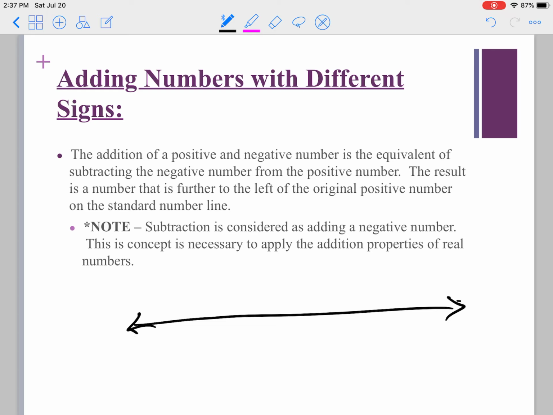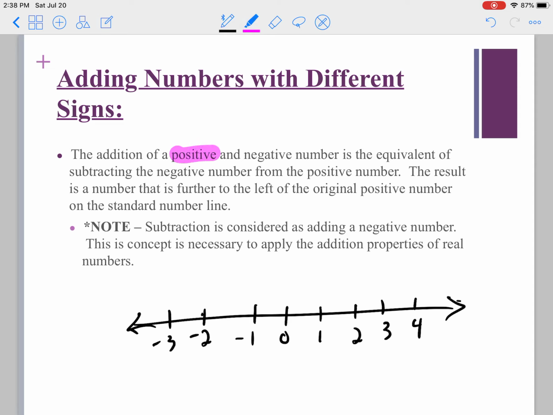So let's draw our number line with the representation of numbers. We drew them below, so let's stay with that. 0, 1, 2, 3, 4, -1, -2, -3. That's going to work. So let's choose our two numbers.